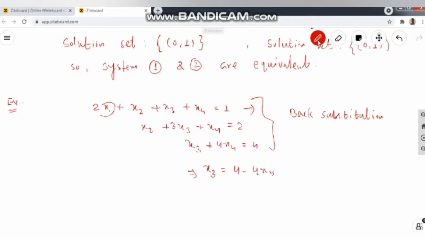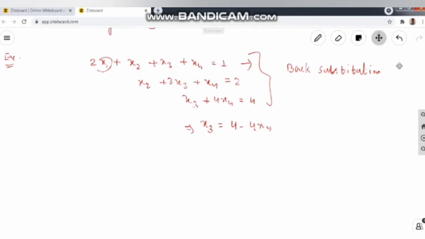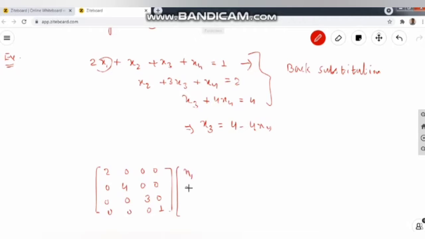So suppose the given system is of this form: the matrix with diagonal entries 2, 4, 3 and 1, times the vector x1, x2, x3, x4.